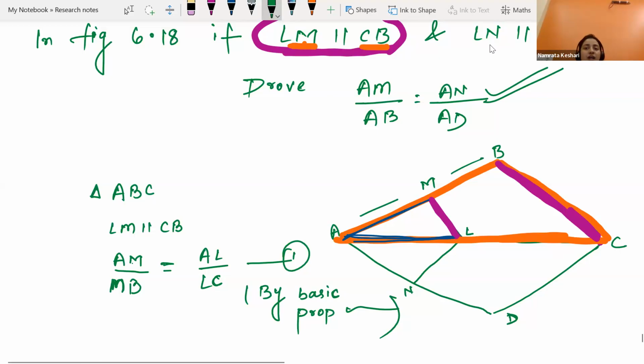सिमिलरली अगर दूसरा कंडीशन ये कह रहा है कि LN is parallel to CD, then can you tell me which triangle we will be focusing on? LN is parallel to CD, कौन से ट्रायंगल पे फोकस करें हम?